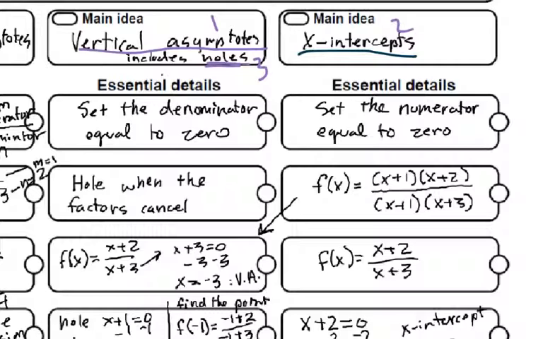Now, here's the basic idea. After you factor it, if any of those factors cancel, that's when you have a hole. So look at this example right here. I factored it to x plus 1 times x plus 2 over x plus 1 times x plus 3. Those x plus 1s can cancel. That's what it means.